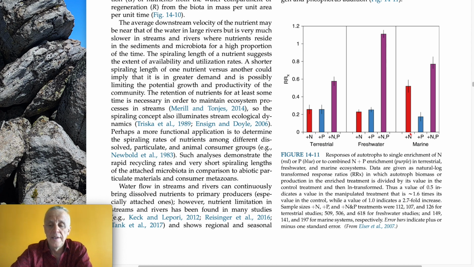And definitely the marine ecosystem is very responsive to just nitrogen being added compared to phosphorus. So for phosphorus we have 0.2, and then for nitrogen about 0.5 or something to that effect, which means, once again, that it is 1.6 times higher in response in the treatment than in the control.